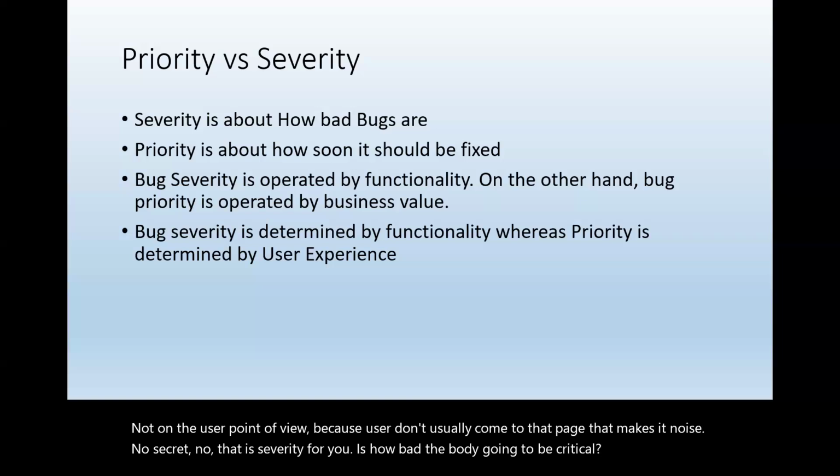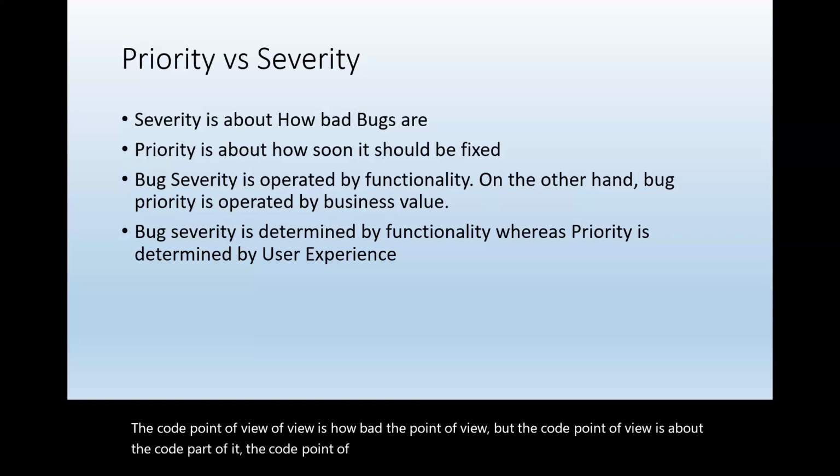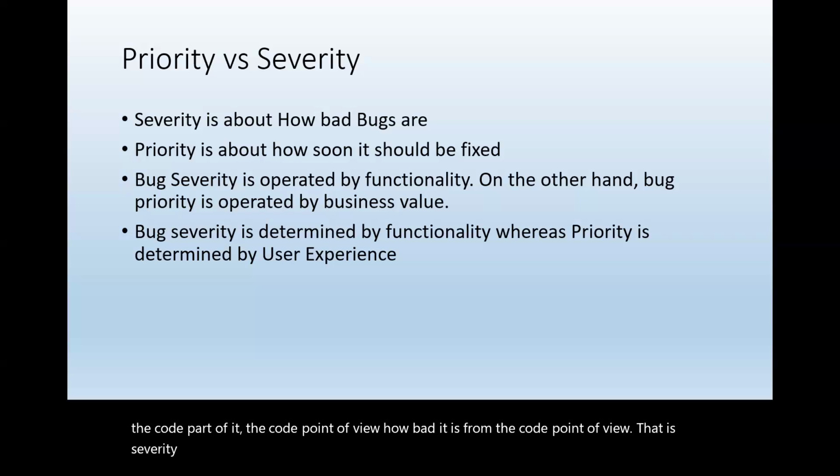But the code point of view is about the code part of it: how bad it is from the code point of view. That is severity. Just have it in the back of your mind: severity is all to do with code.